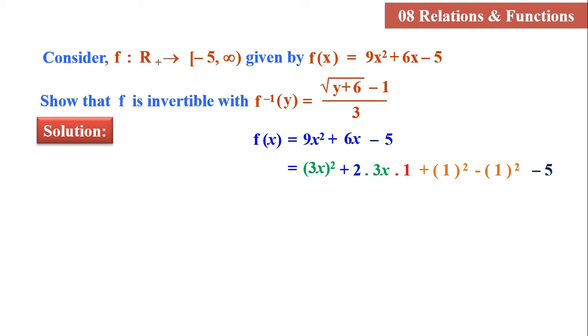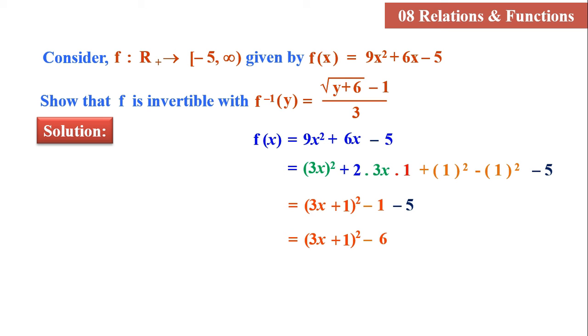If you write like this, you can easily prove one-one and onto. So you can see that (a + b)² means (3x + 1)², and −1 − 5 can be written as −6. This is your new f(x).